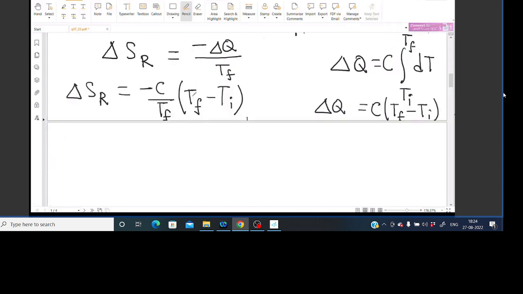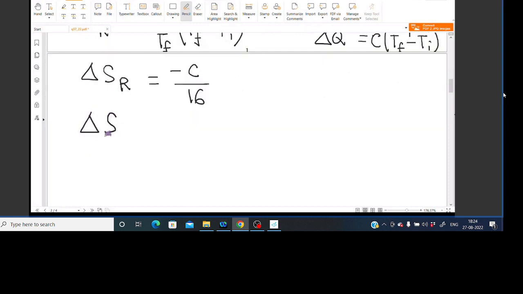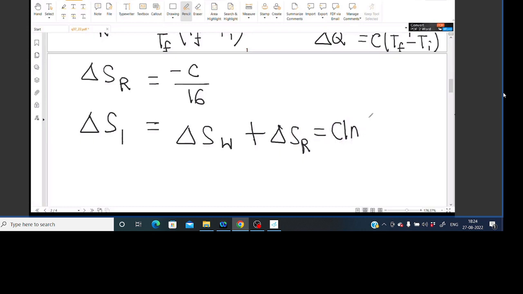Putting Tf equal to 320 Kelvin and Ti equal to 300 Kelvin, we get change of entropy of the reservoir is equal to minus C by 16. So the total change of entropy of the universe in process 1 is equal to delta SW plus delta SR, which is equal to C log 320 by 300 minus C by 16.